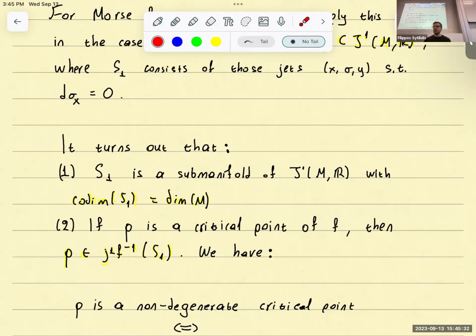Sorry, do we not need J2 somewhere? The genericity has to do with that. If you unwind what it means for J1F to intersect S1 transversely, it requires J2 information. So it's in the transversality of the intersection where J2 will come up.